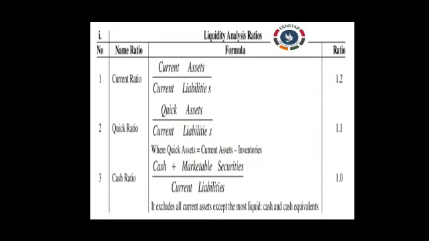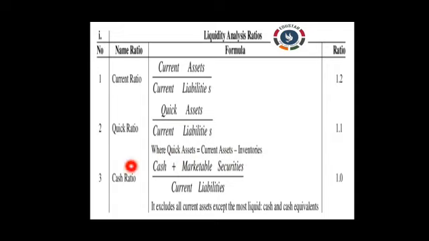Always it should be 1:1. If the ratio is too low, it is risky. If the ratio is more than 1 also, it is a difficulty, and it indicates the company incurs less profit.